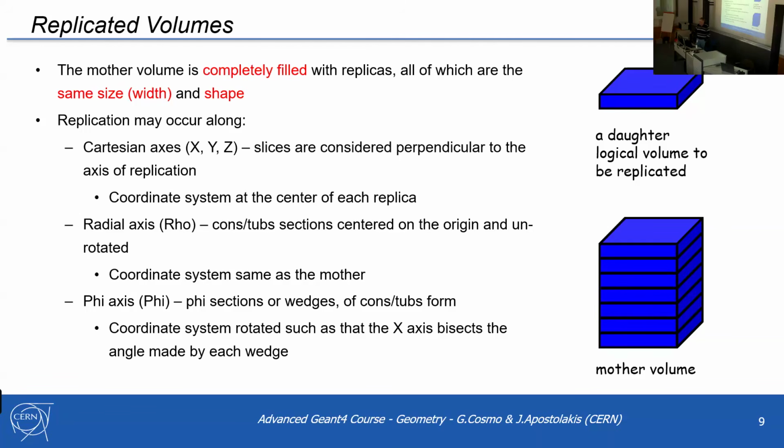On a tube or a cone, it can be on the radial axis, where the coordinate is the same as the mother, and also on phi. So when you have sections or wedges of cone or tube, in this case, the coordinate system is rotated such that the x-axis bisects the angle of each wedge. We will see this later.